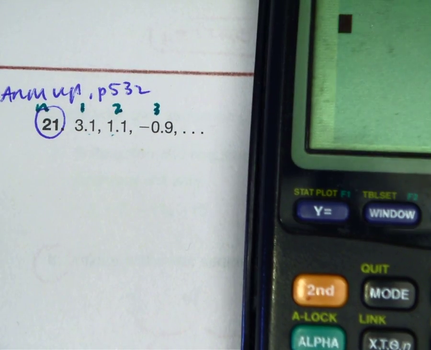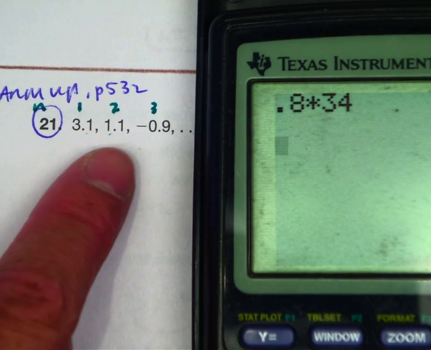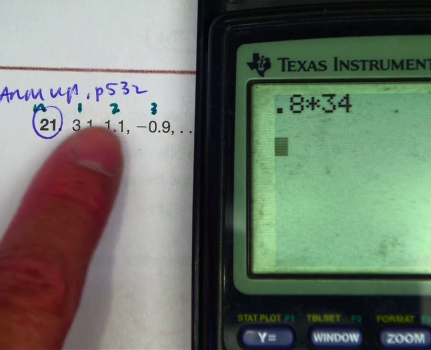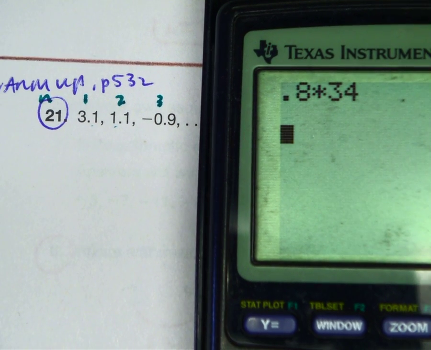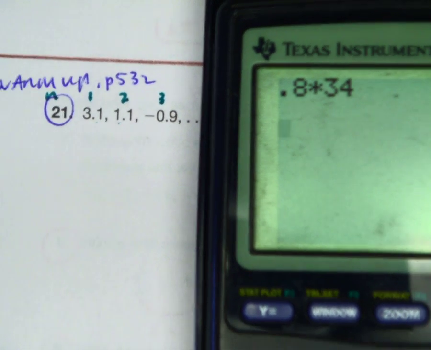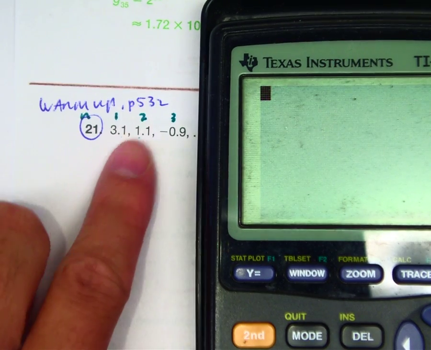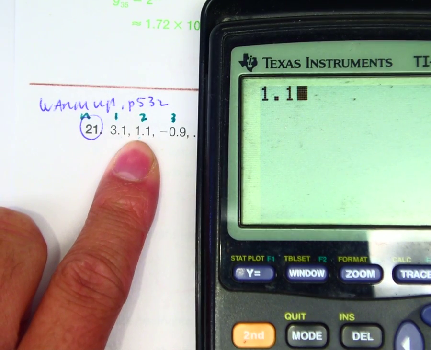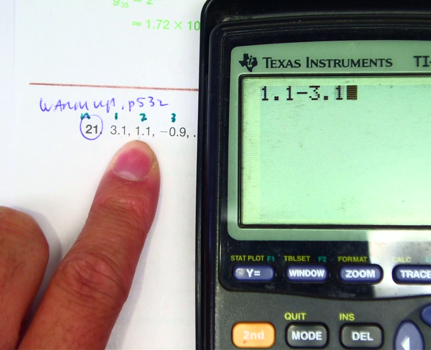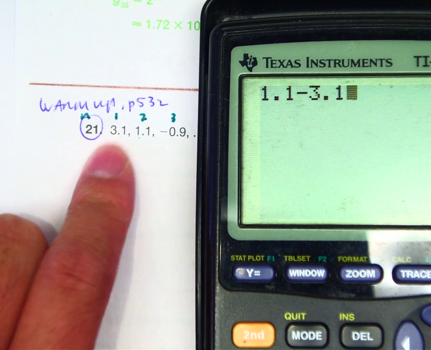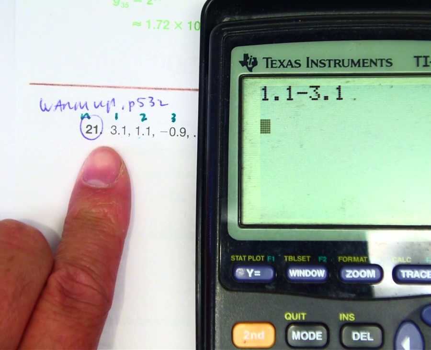One way you can do is take the second one and subtract the first one, because that would tell me a difference. So let's see if that works. 1.1 minus 3.1. I'm taking the second minus the first, and I get -2.